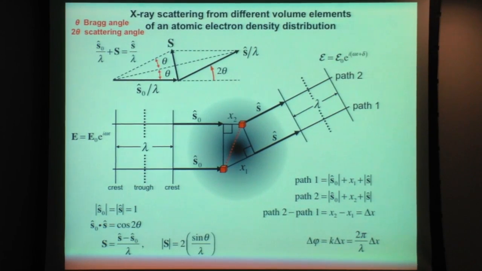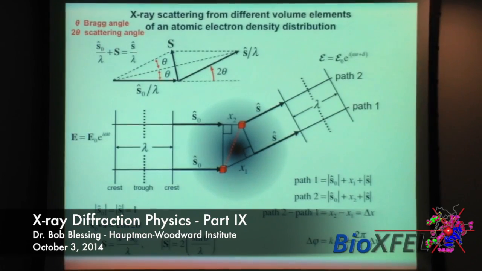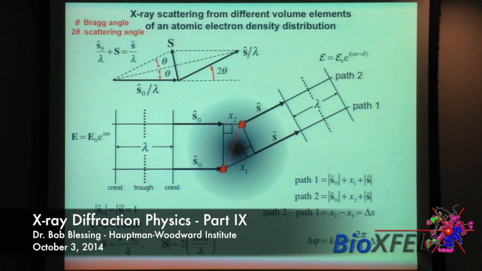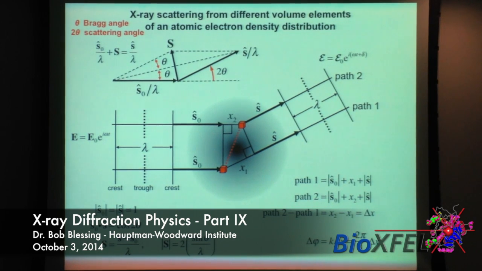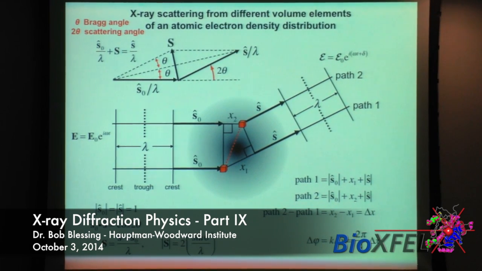Okay, so this is part of what we were discussing last time, and you can think of this diagram, which intends to show the situation of scattering by an atom by considering the scattering from two little spots, little volume elements, or little points even, in the electron density distribution that surrounds the nucleus.